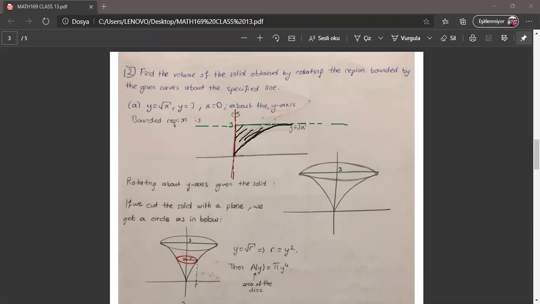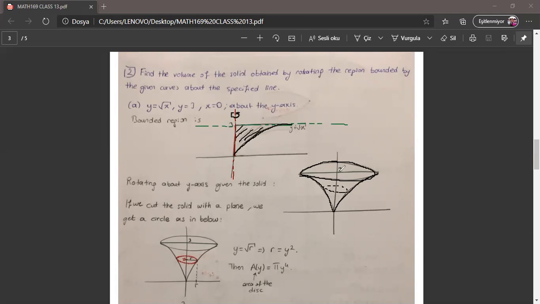Now, what do we do? We rotate it about the y-axis, okay? Then the solid will look like this. It's 3-dimensional, right?